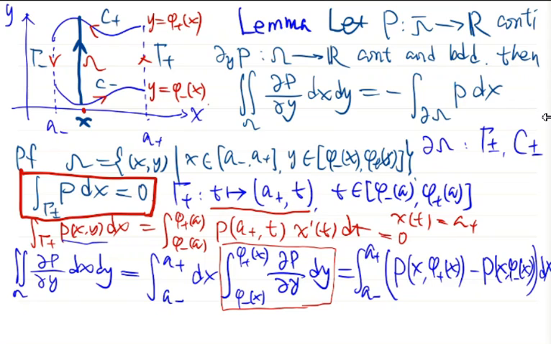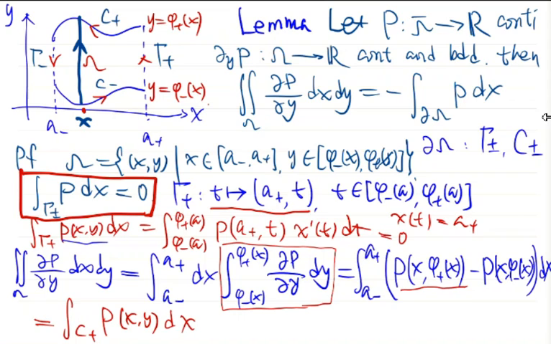Okay. Now we consider the first term. What's the first term? The first term is precisely the integral over the upper boundary, p(x,y) dx.